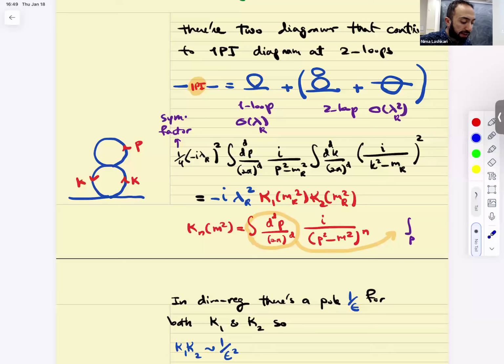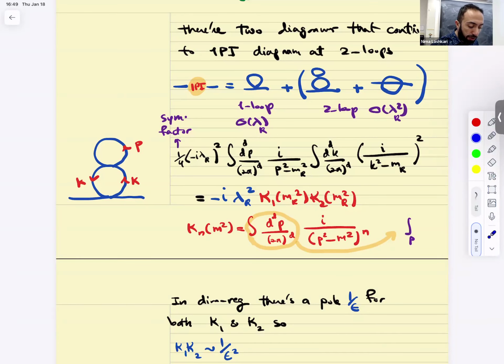It's 1/4 here, coming from the symmetry factor. You have two loops; you could flip this one and flip that one. That's Z2 times Z2, a factor of 4. You have minus i lambda_R squared, coming from these two vertices. Then you have an integral over momentum P and an integral over momentum K. They're both bosonic, so they come with plus signs.